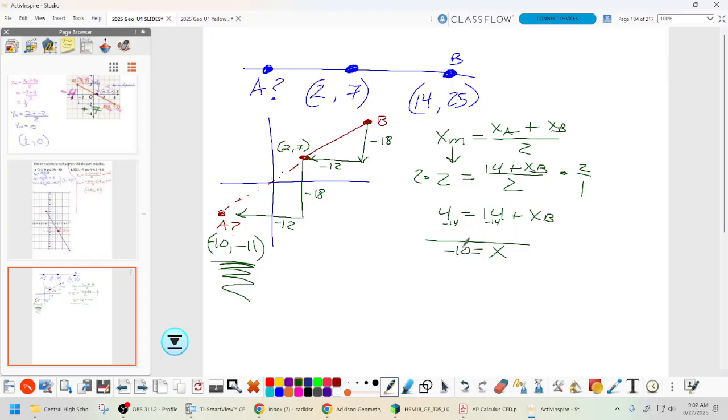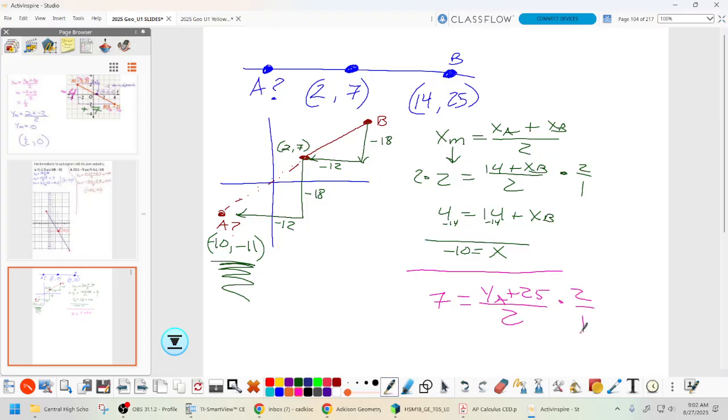And then same idea for y. In fact, this time I'm just going to plug it in. Okay, so it's 7, and then ya plus 25, over 2.